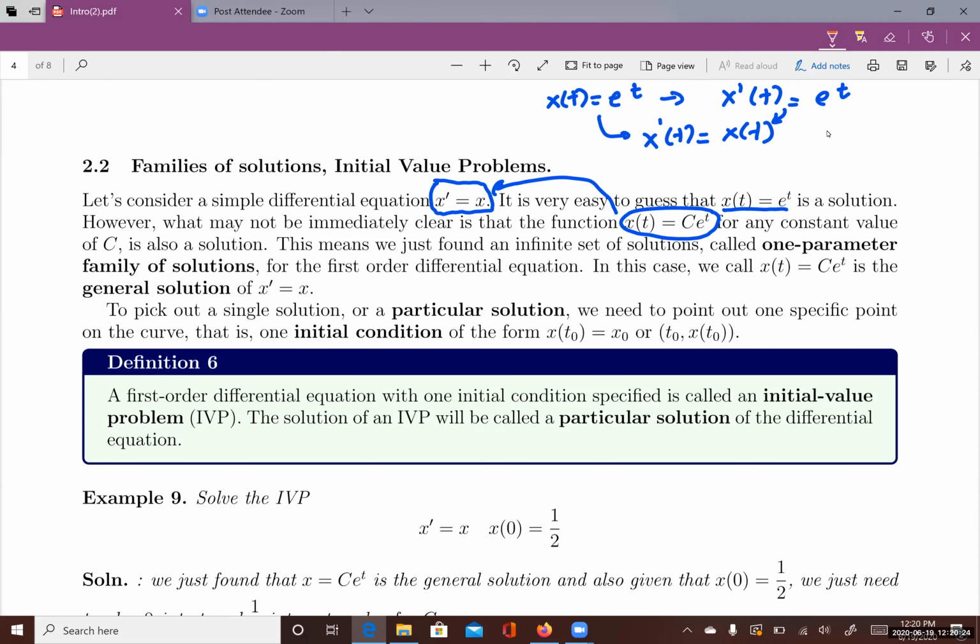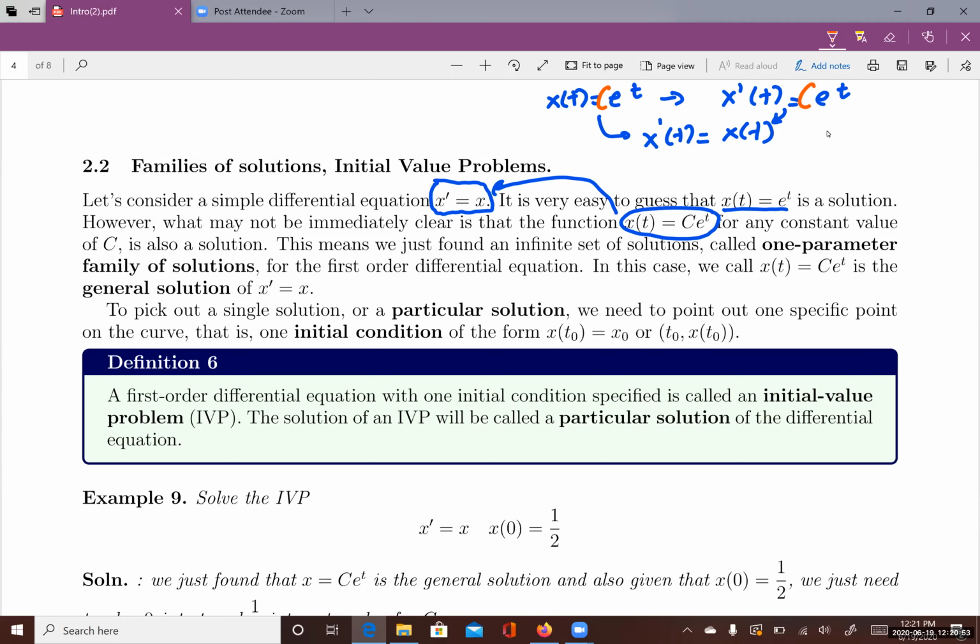Because if you multiply c by e to the t, then x prime is also c times e to the t, and again the equation is a true statement. That means x of t equals c times e to the t is also a solution.